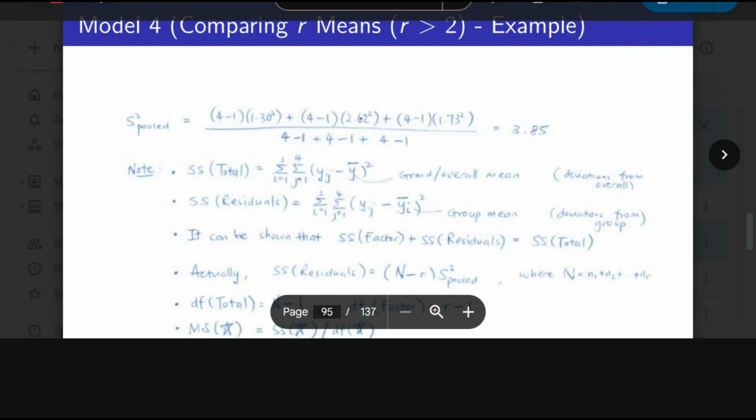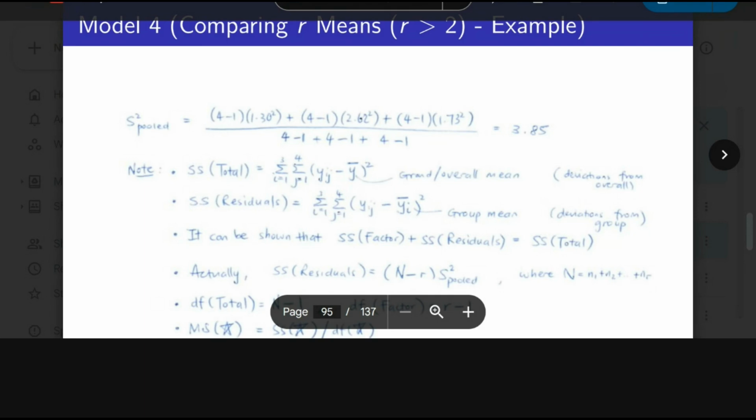This is the deviation that has no model. So I'll try to go through this again. This deviation measures how far chickens are from some kind of grand overall average. No model. No chicken feed at all. This doesn't even acknowledge that there were different chicken feeds. This is what's left over that you cannot explain.